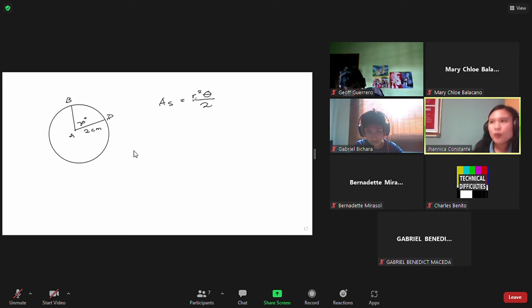But before we proceed in solving for the area of sector, we need to change the degree form of the angle into radian. So degrees to radian.